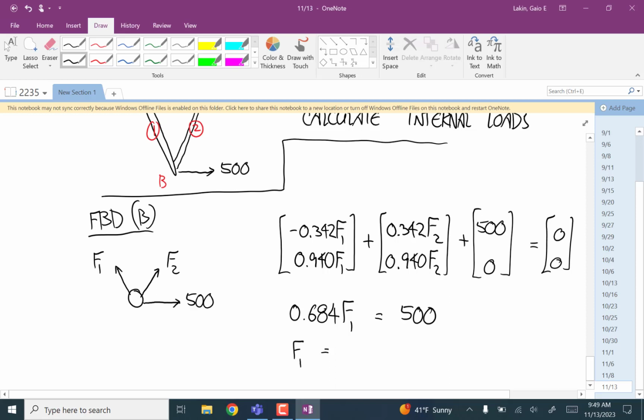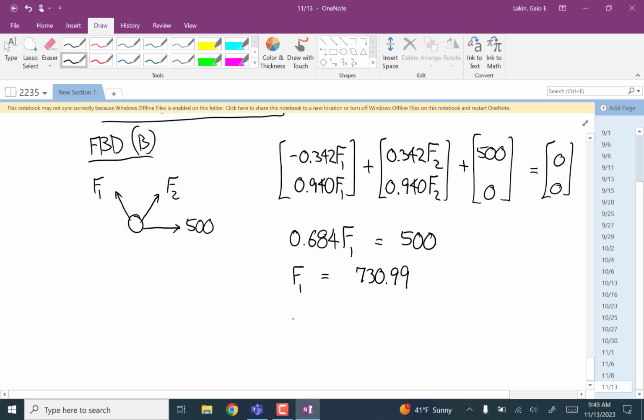And so F1 is equal to 730.99. And F2 is equal to negative 730.99.